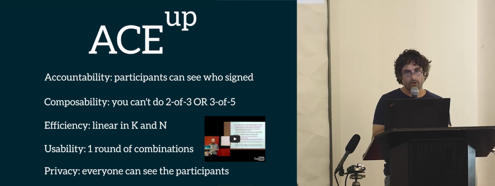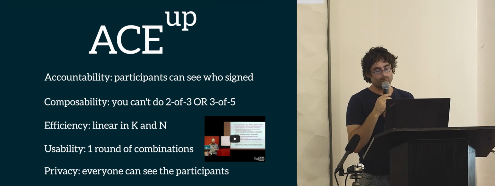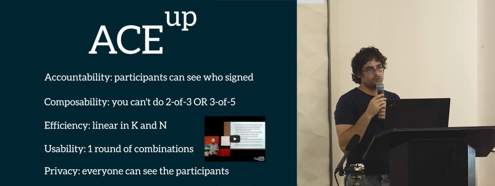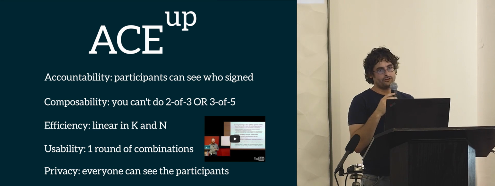Composability is, if I have a multisig, someone wants to receive money from me, but you would like me to send funds not directly to a single key of yours, but to such a multisig scheme.